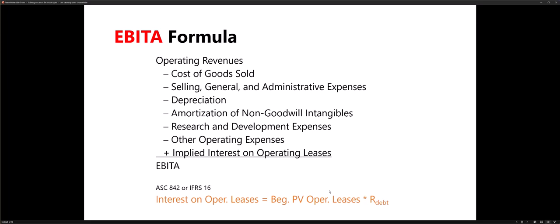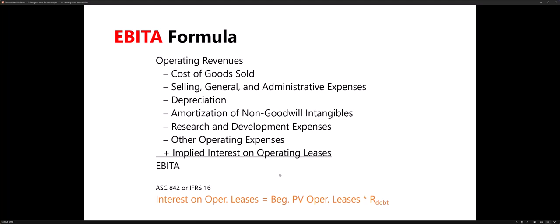Because the debt portion of the ROU asset is basically treated like notes payable or a debt, which you pay interest on, but interest is not part of your operating, right? Because you're not in a business of making money out of investments or lending money. So it should be treated as an interest expense.